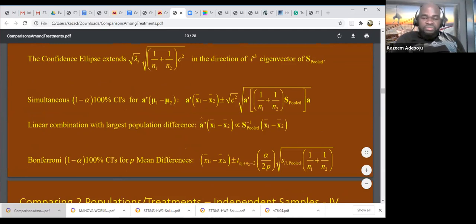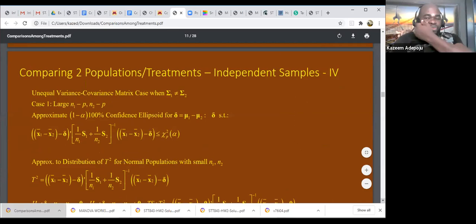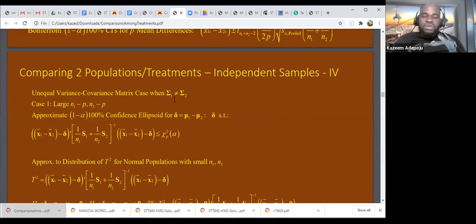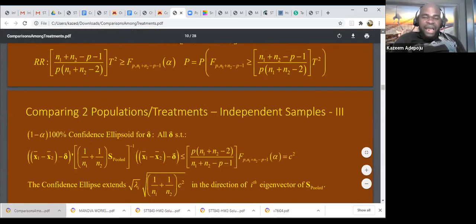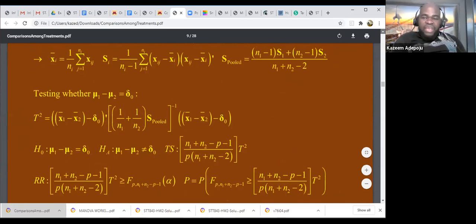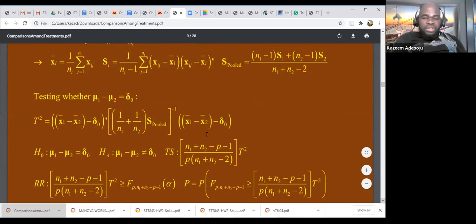Now, another one. We're still on comparing two populations, but this time, what about a situation where the population variance-covariance matrices are not the same? Do you know why we use the idea of pooled variance in this test?